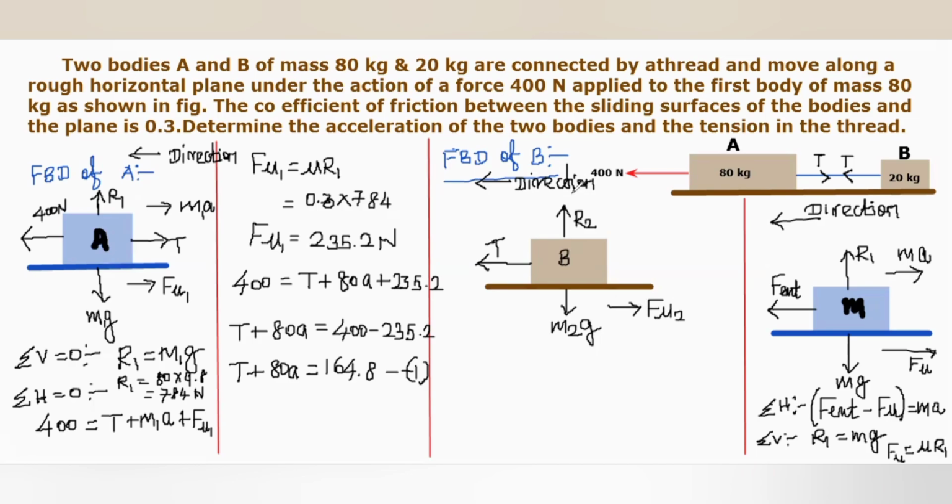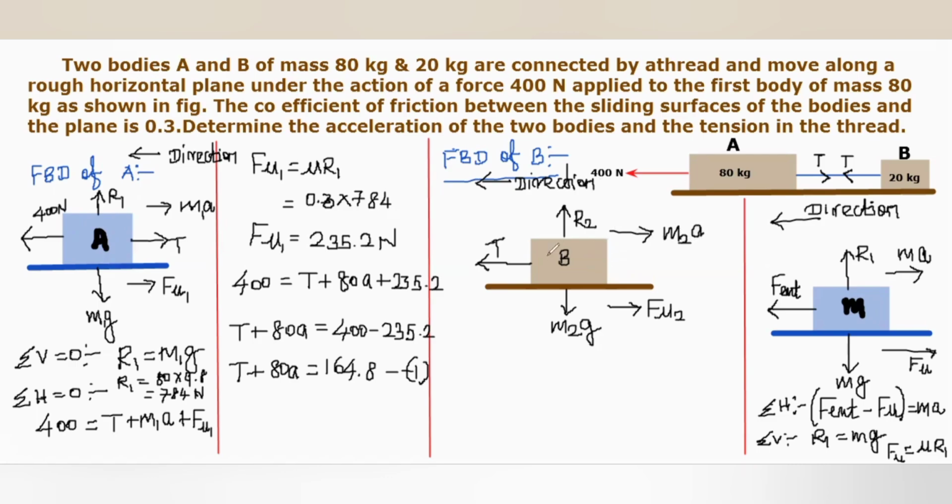As per D'Alembert's principle, the inertia force will also act opposite to the direction of motion, that is M2A.